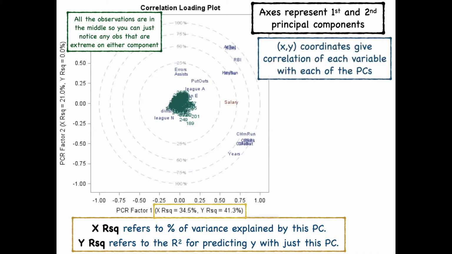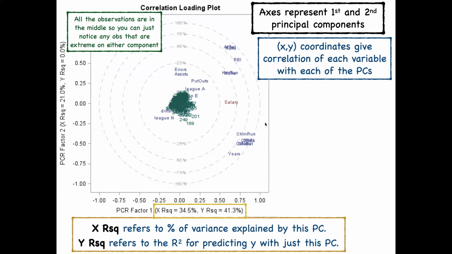The XY coordinates of each of these variables here give the correlation of each variable with each of the principal components. So for instance, career home runs has a correlation of 0.75 with the first principal component and a negative correlation with the second principal component.